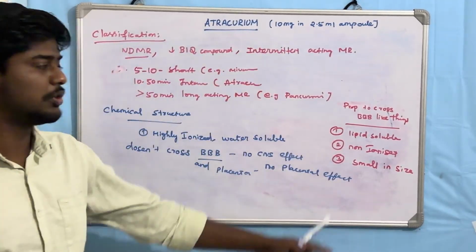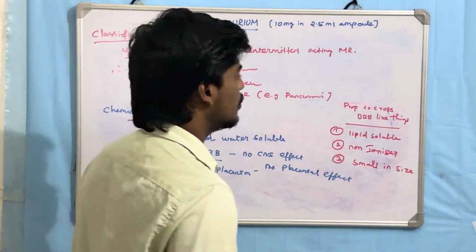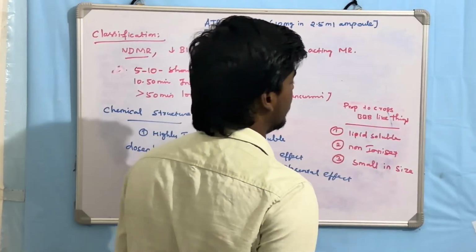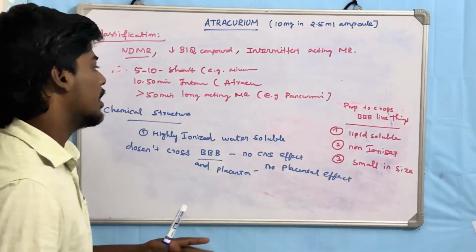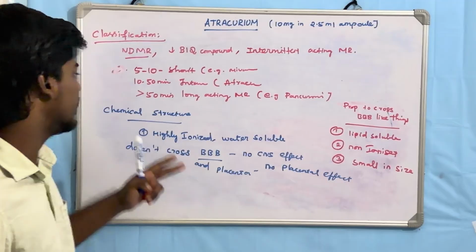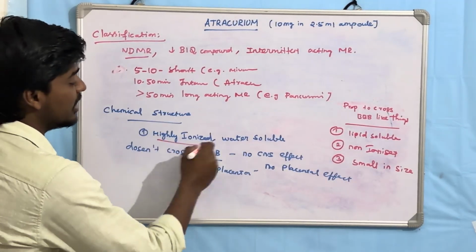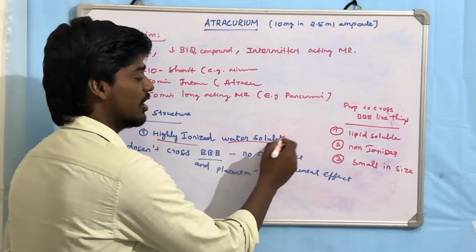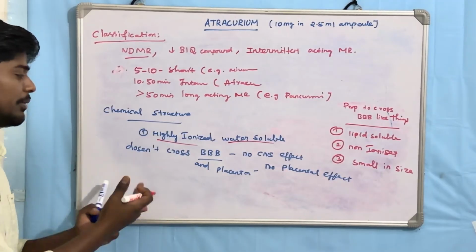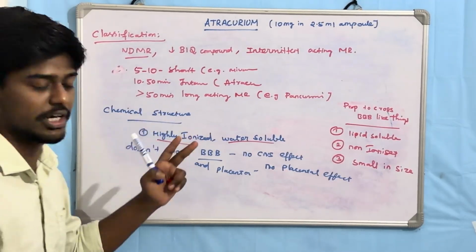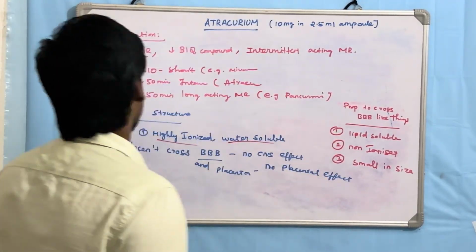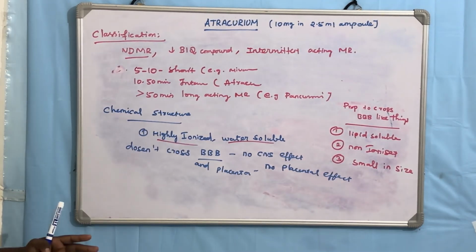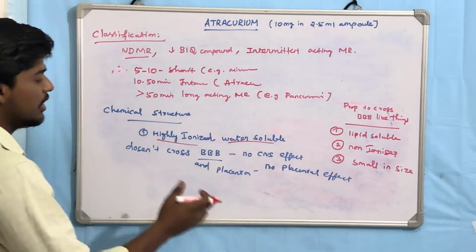These three properties help a drug cross membrane barriers like these. Comparing this, Atracurium is a highly ionized compound and water soluble, not lipid soluble. So it does not cross the blood brain barrier, so no CNS effect.